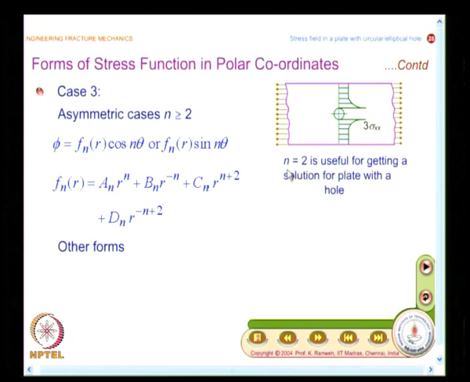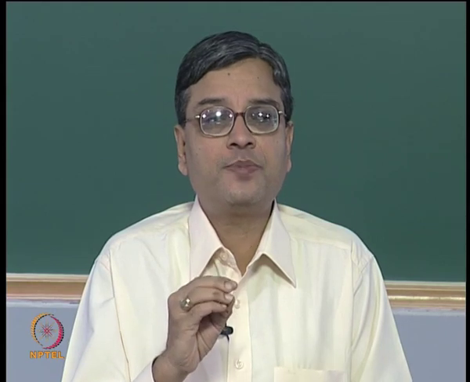So, when n equal to 2, the stress function is useful to solve the problem of stress distribution in the case of a small hole in an infinite plate subjected to uniaxial tension. We would also see some aspects of the solution more from the point of view of appreciating the principle of superposition.